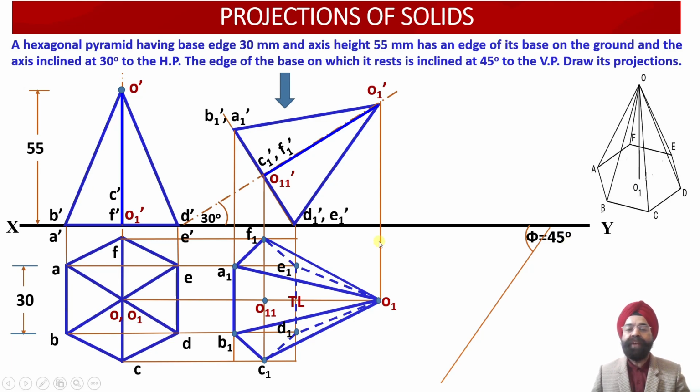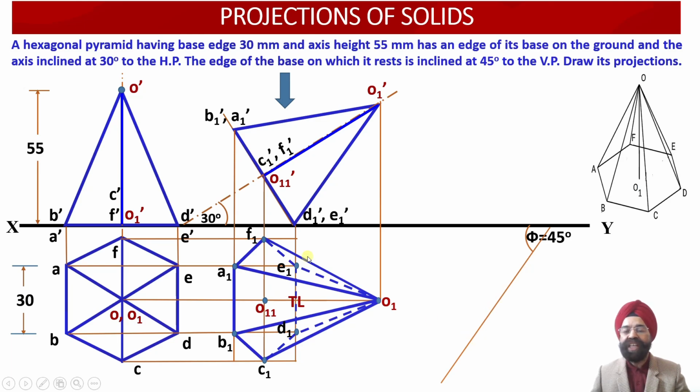So now whatever plan projection view we have obtained corresponding to this inclined hexagonal pyramid, we have to transform or rotate into this view in such a way that the D1 E1 edge should be resting alongside this projection line which we have marked over here.